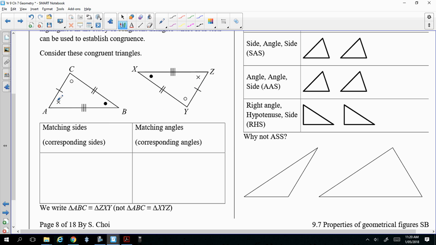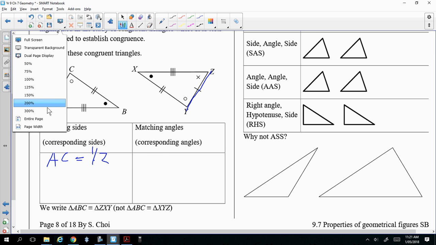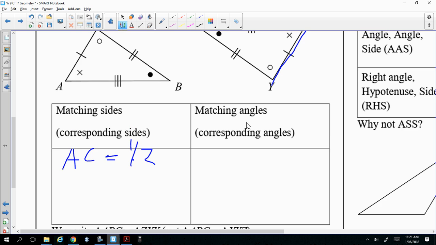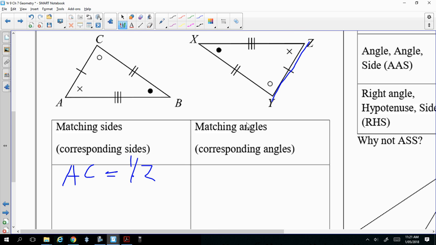So let's write down the corresponding sides, starting with AC matches with YZ. So write it down, AC equals YZ. These are the matching sides. And what else are there? Which side matches with CB?